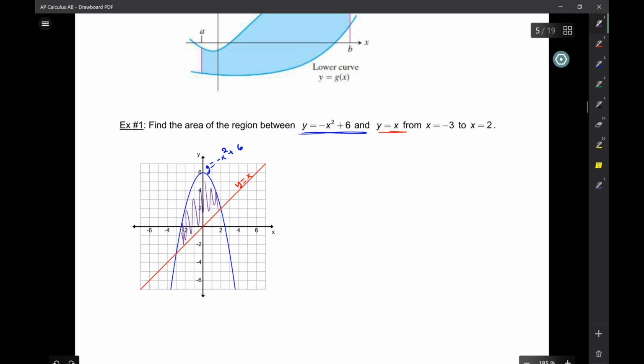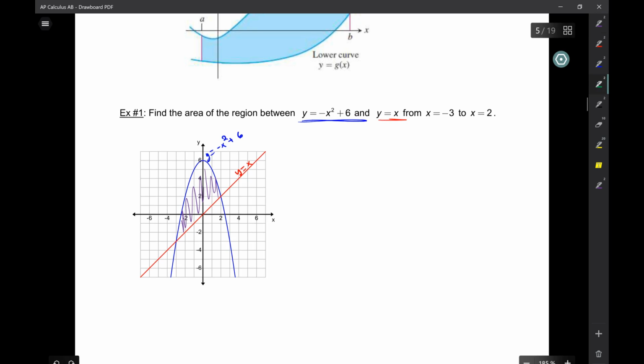So look at this one. You have the two curves here. Where do they meet? One intersection is here at x equals negative 3. One intersection is here at x equals 2. So scanning from left to right, I start from x equals negative 3 and go to x equals positive 2.